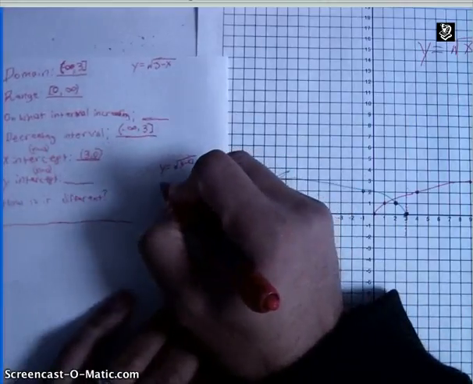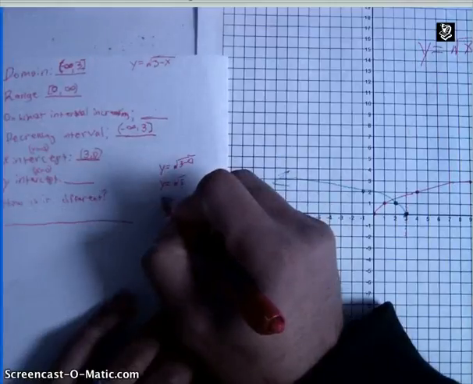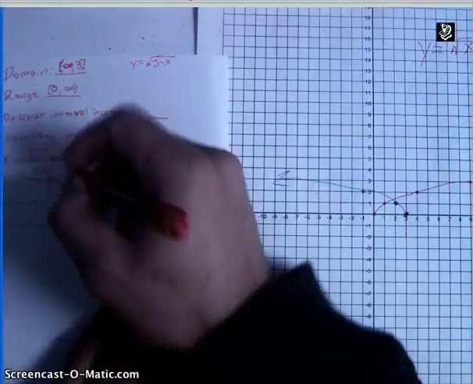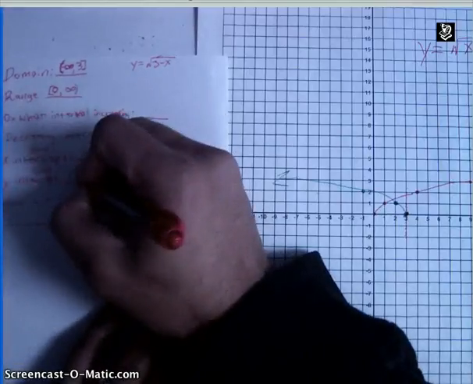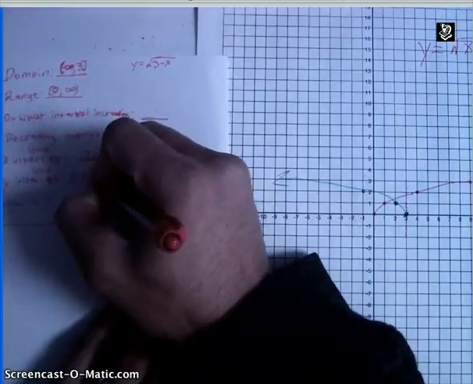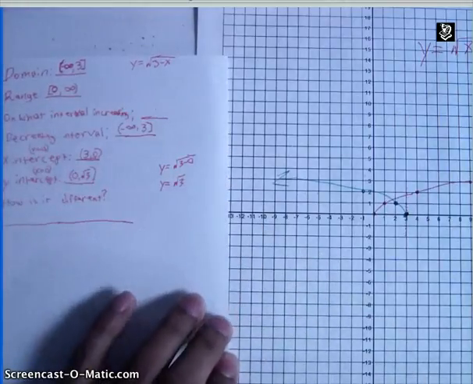Well, therefore, y is equal to the square root of 3. And then we can either leave that as it is or we can make it a decimal. I like being exact, so I'm going to make it the point (0, square root of 3). That's how you find the y-intercept.